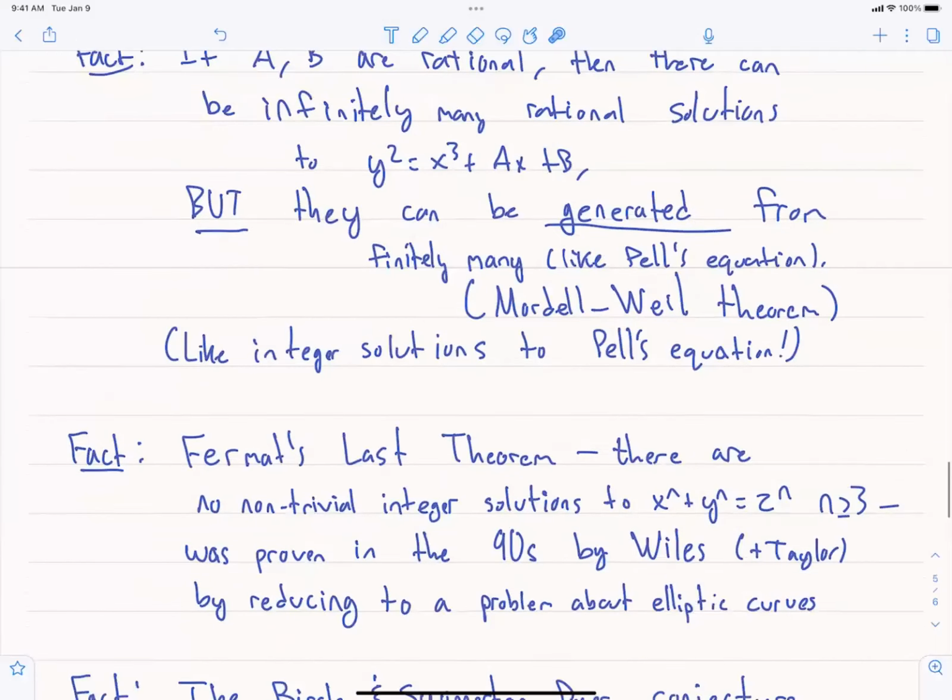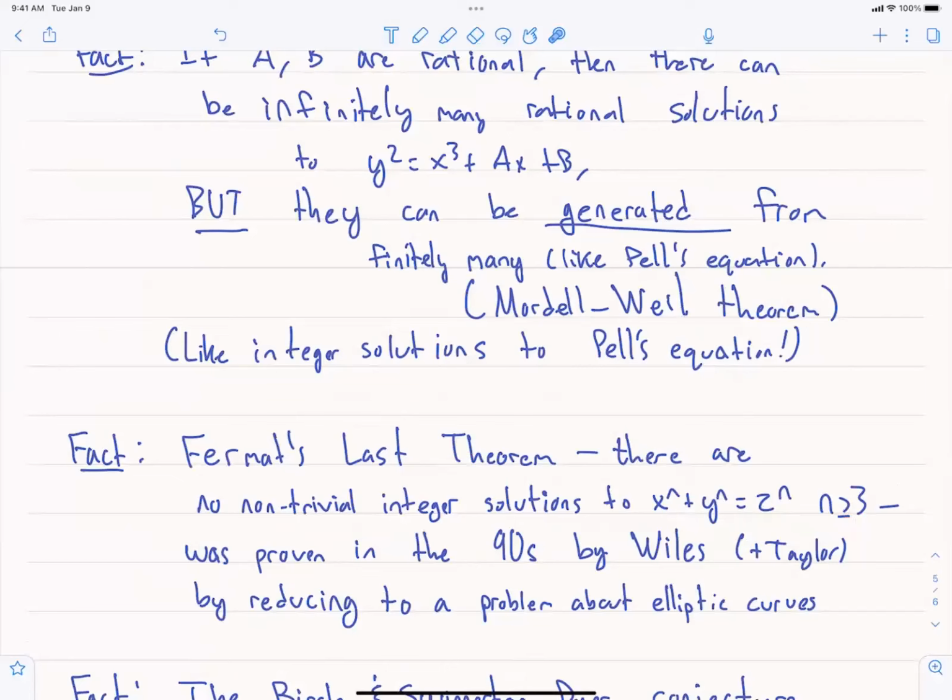For example, Fermat's last theorem is the statement that there are no non-trivial integer solutions to the equation x^n plus y^n equals z^n when the exponent n is greater than or equal to 3. This was conjectured by Fermat many, many years ago, and he famously claimed he had a proof but couldn't fit it in the margins, which is a great homework excuse.